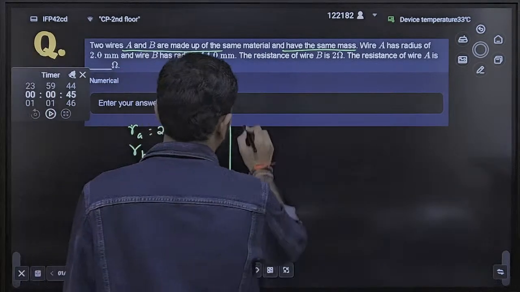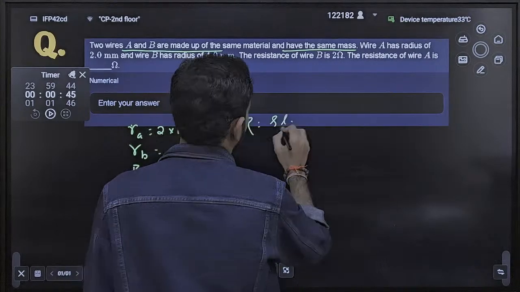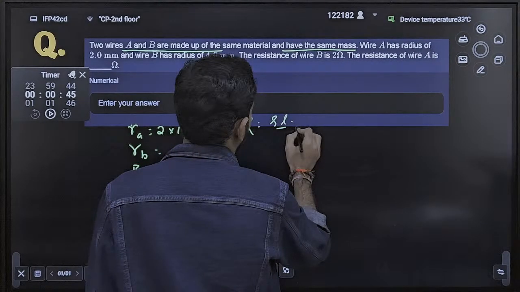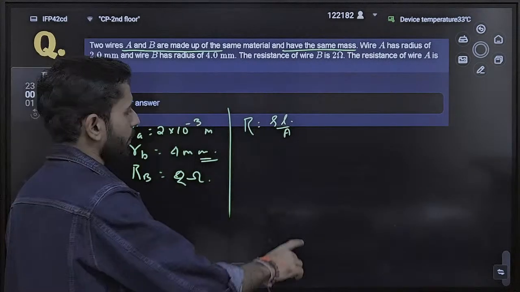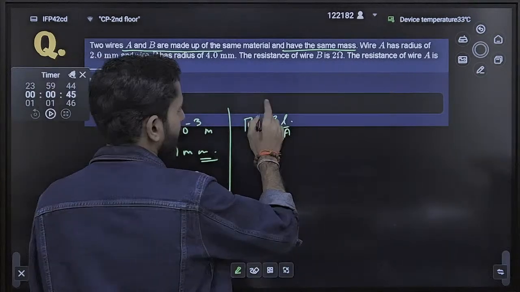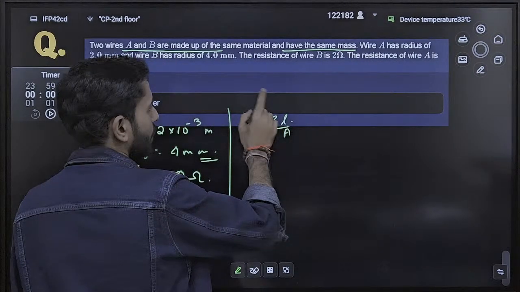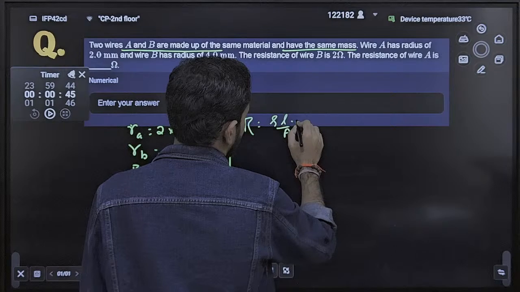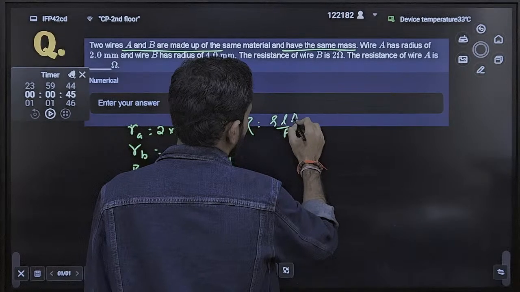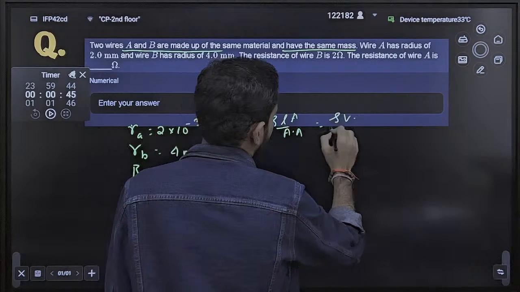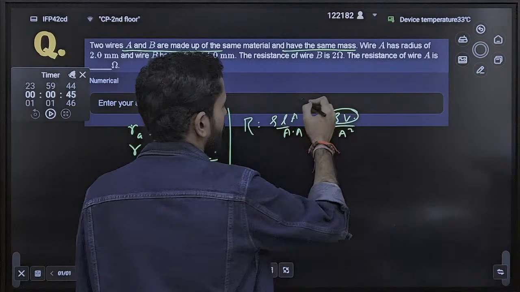What is the resistance formula? Resistance is rho L by A. Let's eliminate the term of length from it because every value is given in terms of radius. So how can we eliminate it? Multiply here by A, which means you have to multiply here also by A. That means V divided by A square. Now the volume and density are going to be the same for both cases.